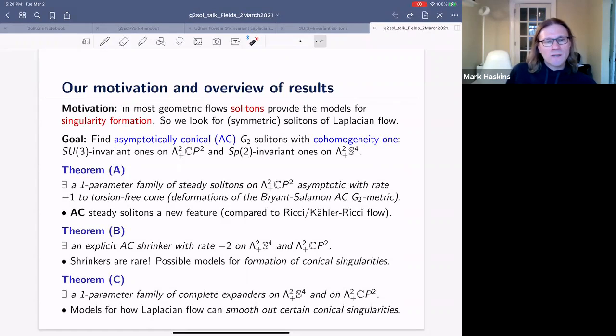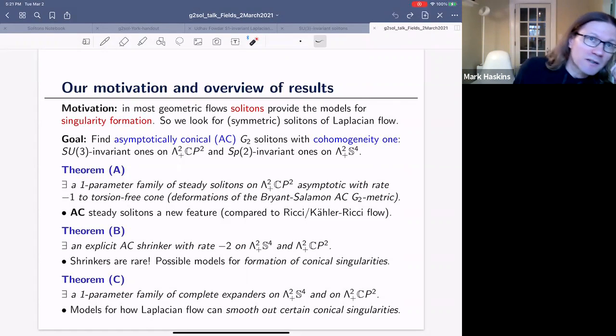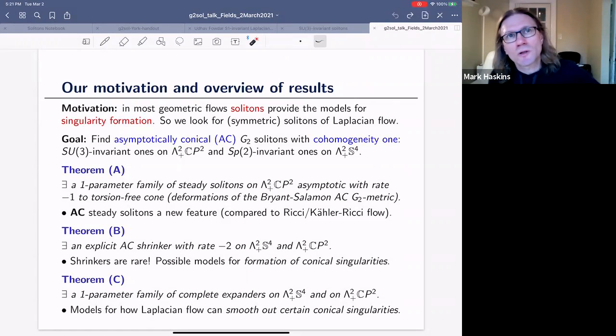So this is the simplest way in which you could model Laplacian flow smoothing out certain sorts of conical singularity, at least for a short time. Okay, so that's the result that I want to describe in a little more detail.